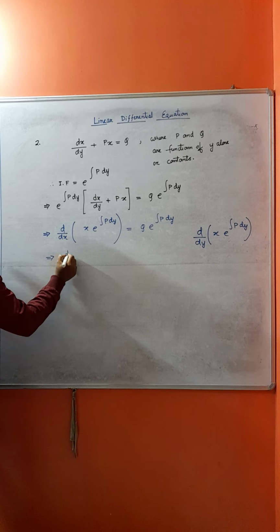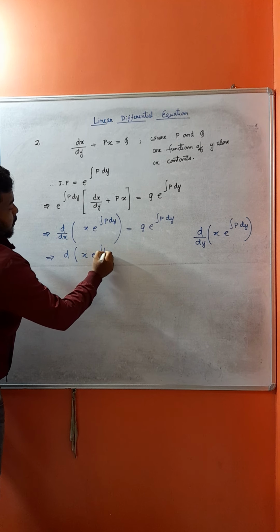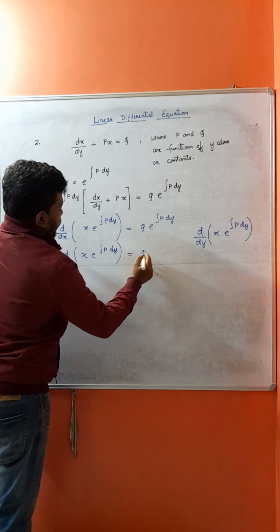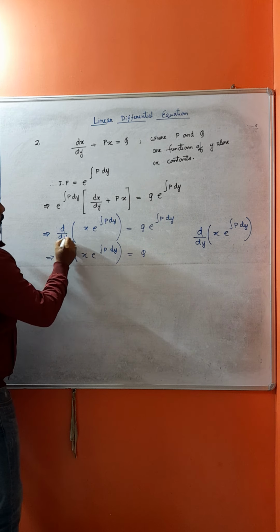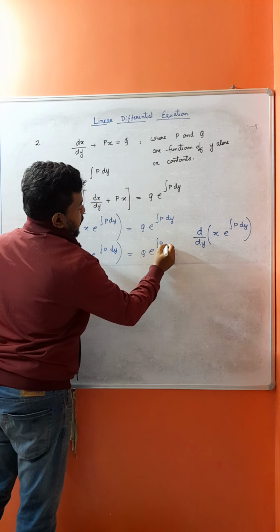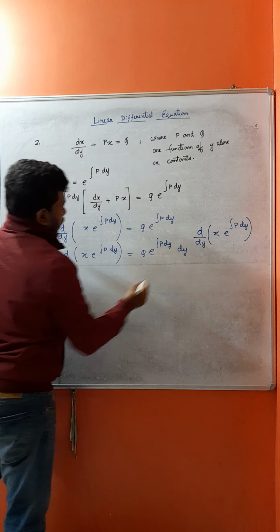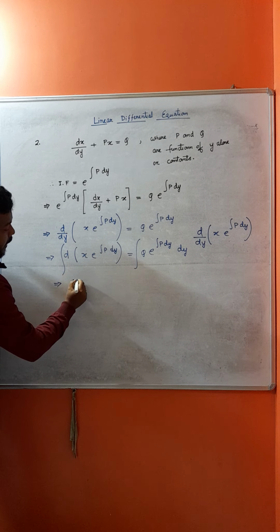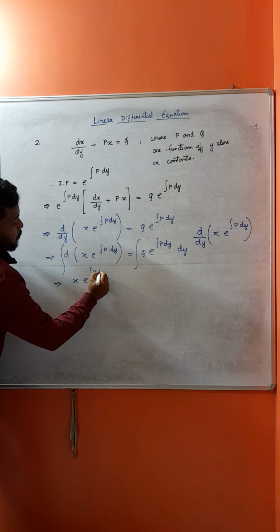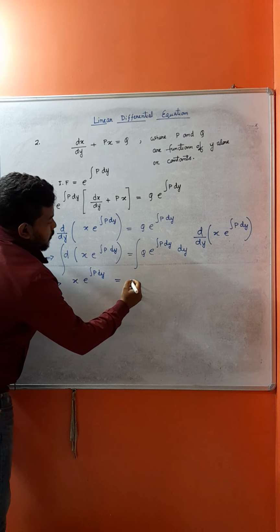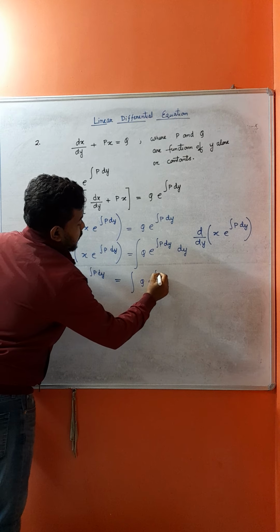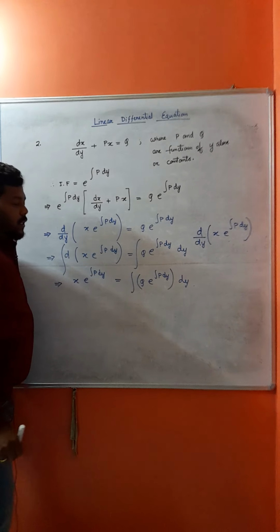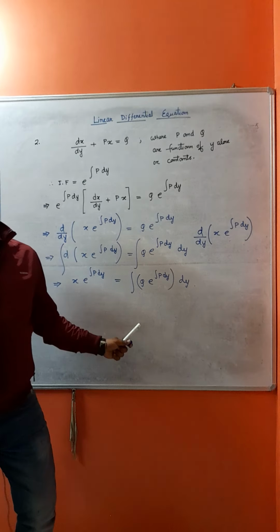Now you can write d of x into e to the power integration of p dy is equal to q into e to the power integration of p dy into dy. Now integrate both sides with respect to y, we get x into e to the power integration of p dy is equal to integration of q into e to the power integration of p dy into dy. This is the general solution of the second form.